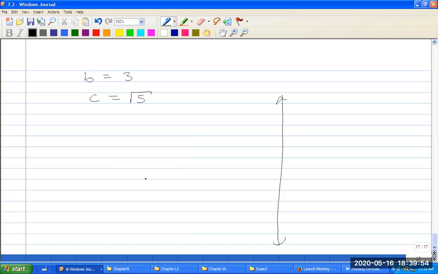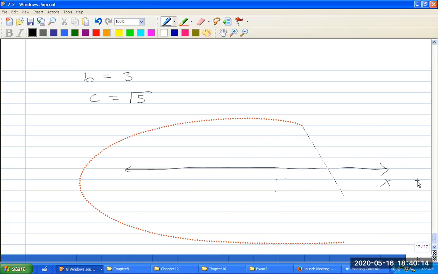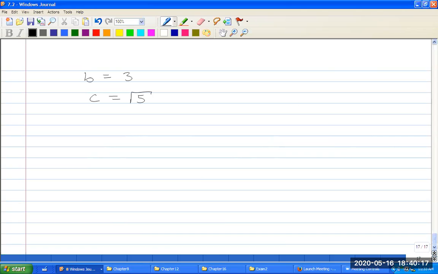Okay, so at -1, -2, that's the center. I had the center wrong.